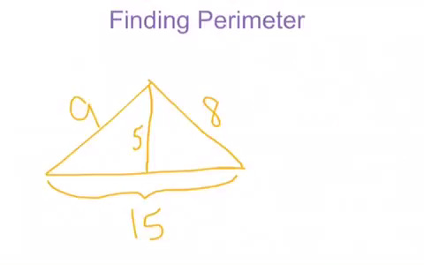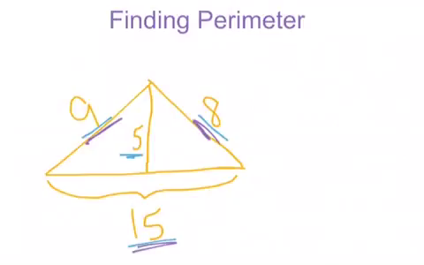Alright, so there may be a problem where they might give you too much information. If you get a problem like this where you can tell that they're giving you the measurements for your outside perimeter, but they're also giving you the inside, for this lesson, focus on just the outside perimeter. Make sure that that 5 doesn't get you confused.